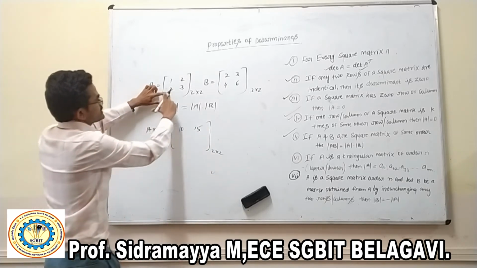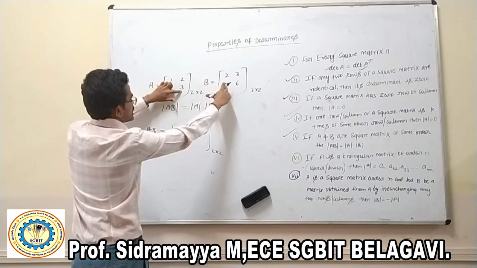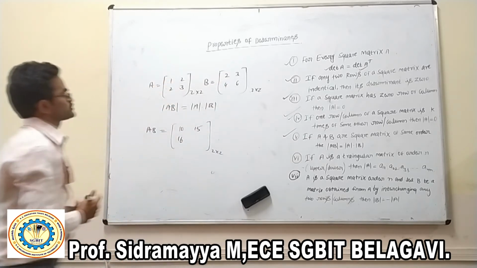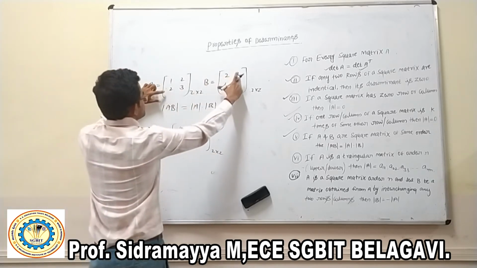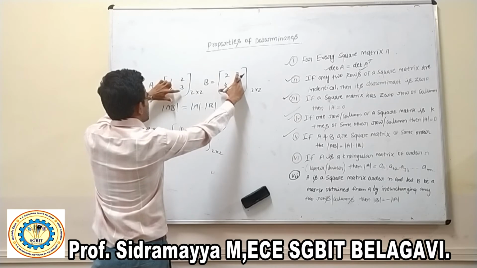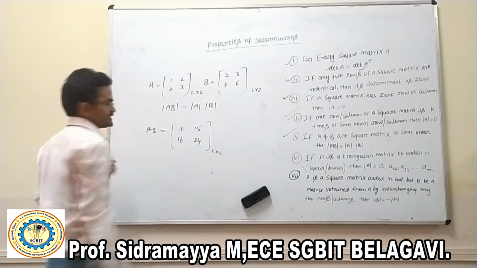Then 2 into 2 is 4, 4 plus 12 is 16. Then the last one, 2 into 6 is 6 plus 18, which is 24.